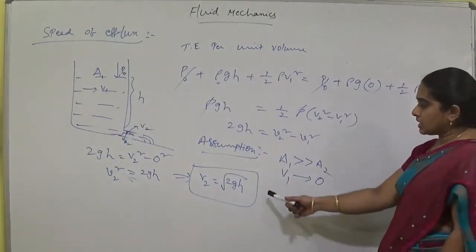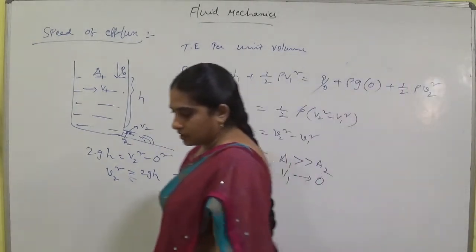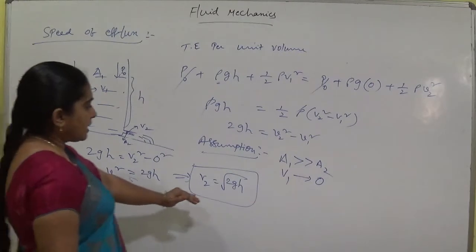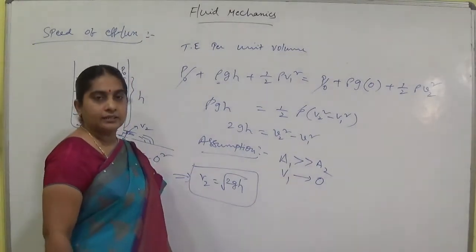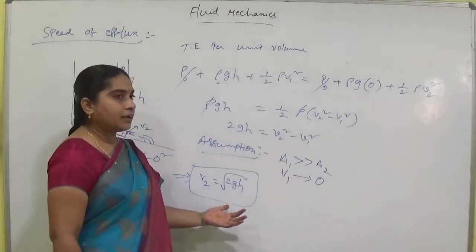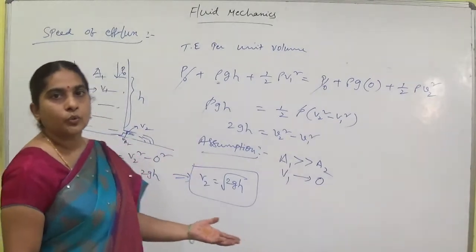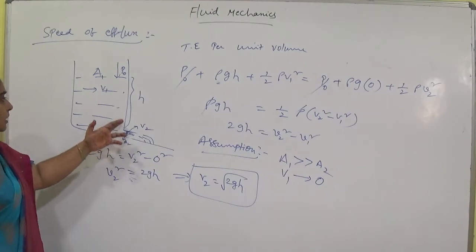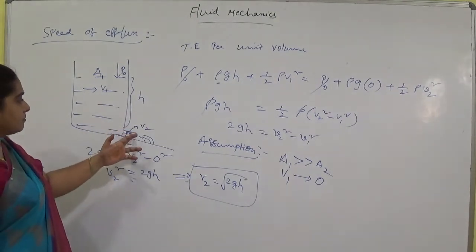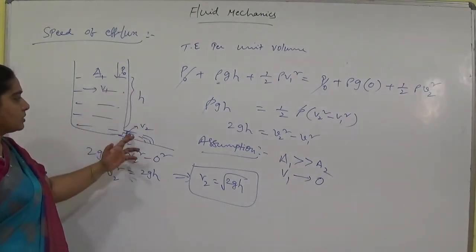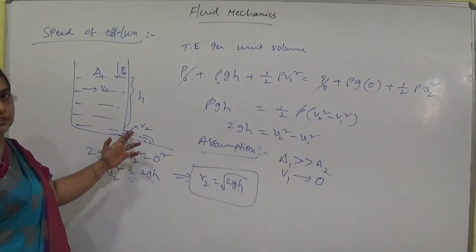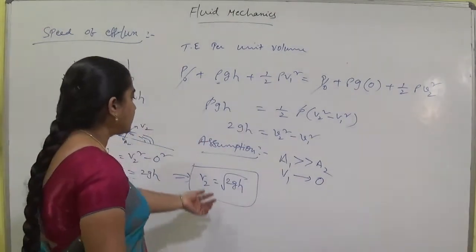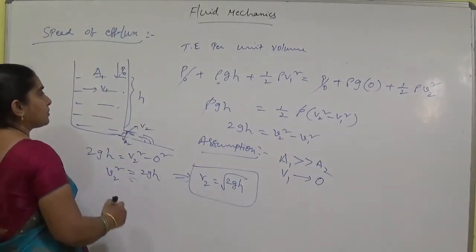This velocity is the same for all liquids. The velocity attained by a liquid falling freely through the vertical distance from the surface to the orifice is called Torricelli's theorem. That is, v2 is equal to root of 2gh.